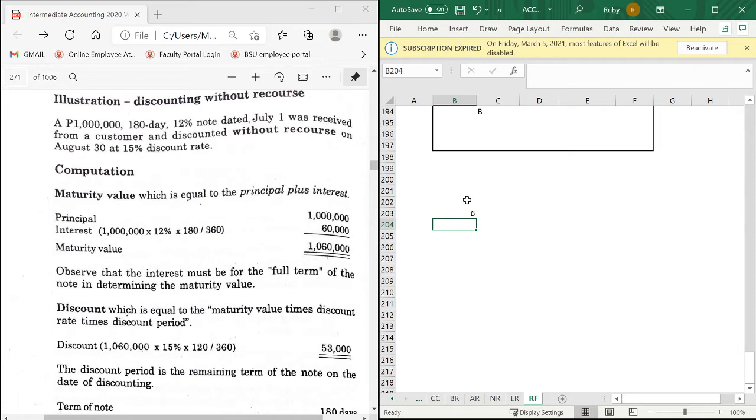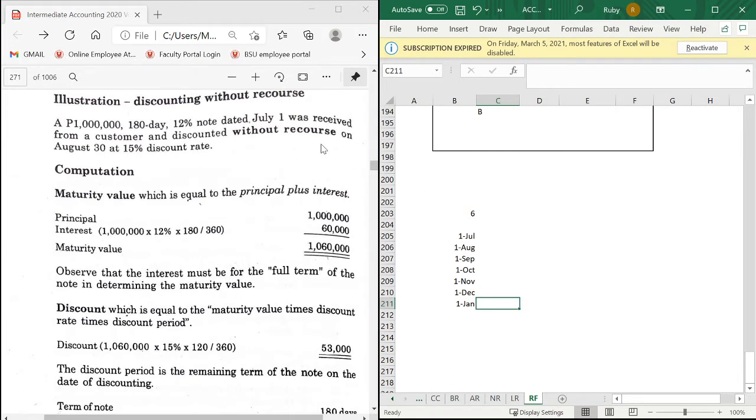Ang discount ay from, ito nga, 7-1, tapos 8-1, 180 days. So, pag dito, 1, 2, 3, 4, 5, 6, minus, yan, 180 days hanggang dyan.